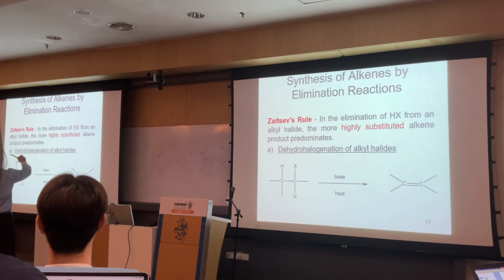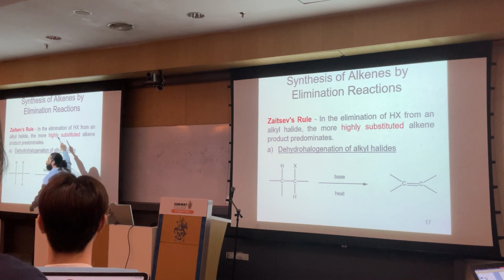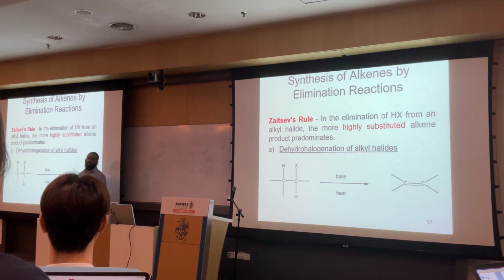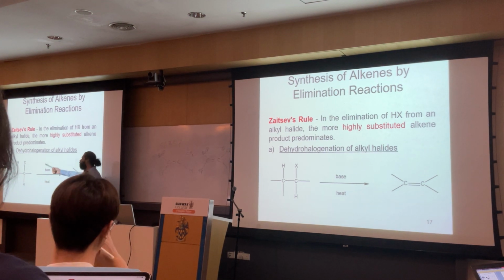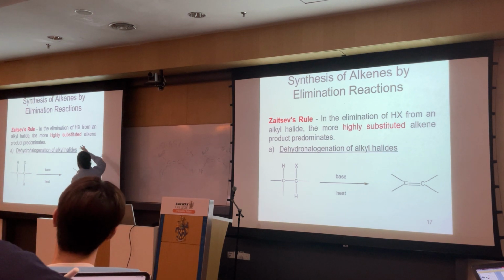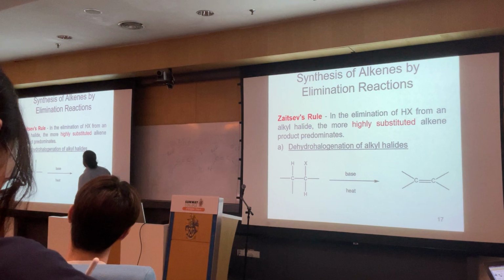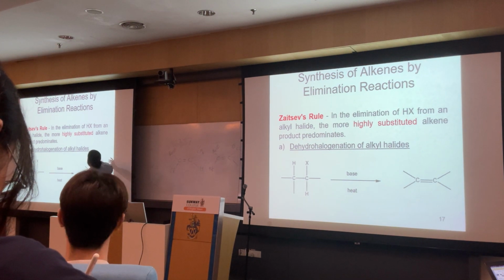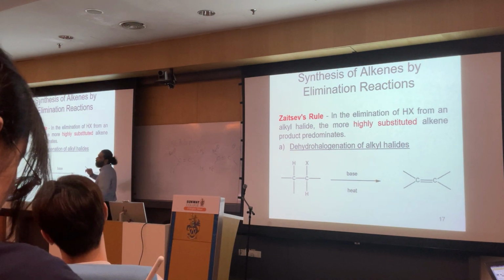So, what I was saying, yes, this rule becomes very useful when you are making alkenes by using elimination reaction. We will look at 2 examples, but what does this rule say? That in the elimination of HX from an alkyl halide, the more highly substituted alkene product predominates.